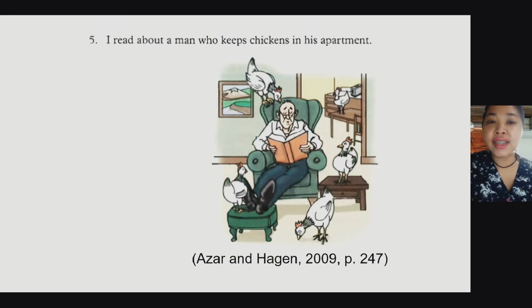But you know what? There are some kinds of noun clauses and also adjective clauses. Now let's talk further so we can identify which part is a noun clause for the first sentence and which part is an adjective clause in the second picture.